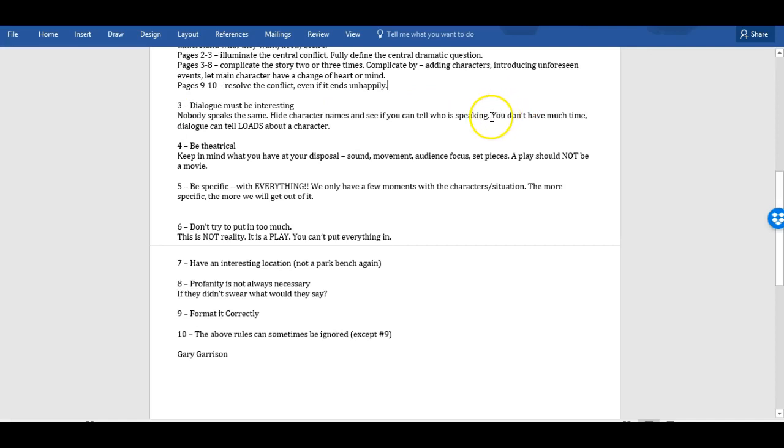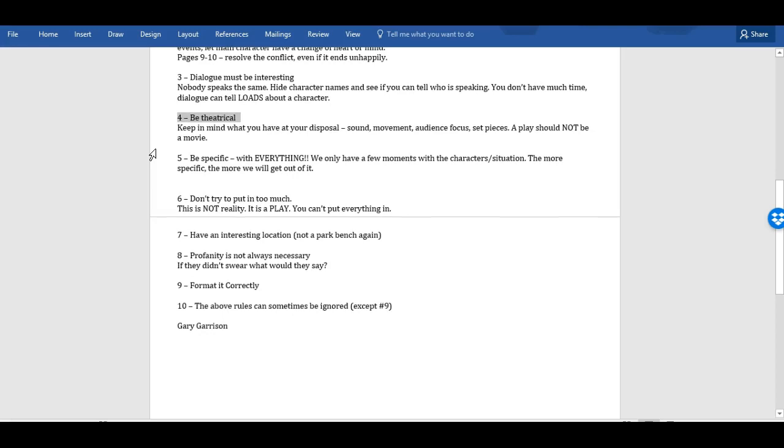You don't have much time, so language, dialogue can be a wonderful shorthand to character development. Simply the way somebody's saying, hey, let's go to the store versus want to go to the store. Those are two very different choices, and they say something very different about the person who says them.